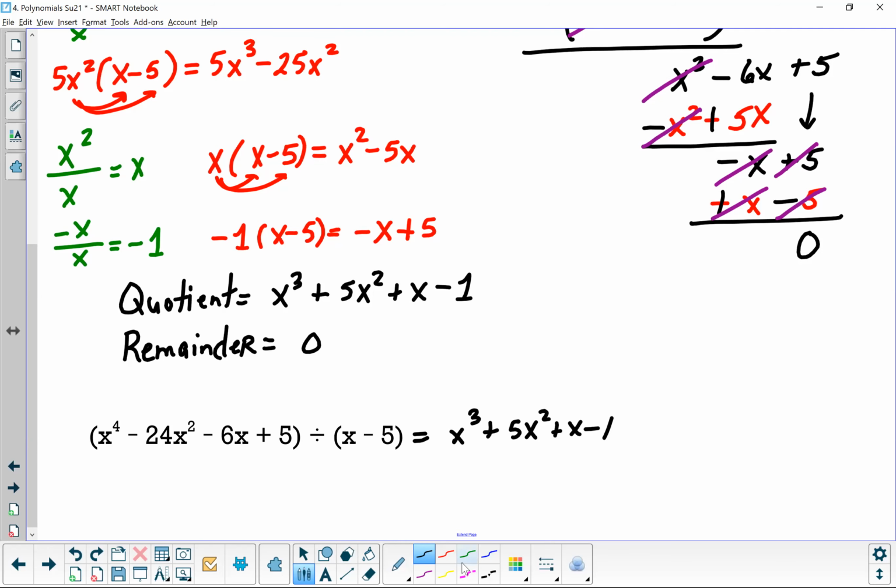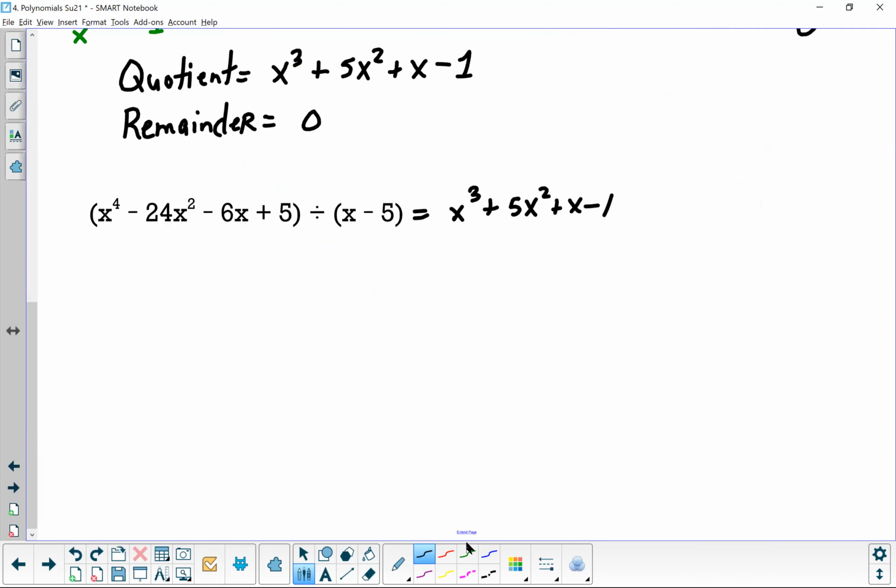And then if you want to check your work, remember that your dividend, which is x to the 4 minus 24x squared minus 6x plus 5, is equal to your divisor multiplied by your quotient.